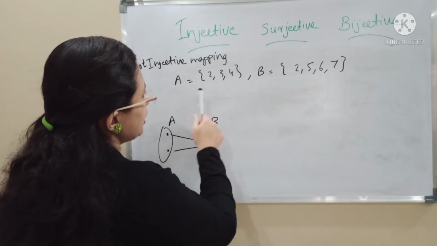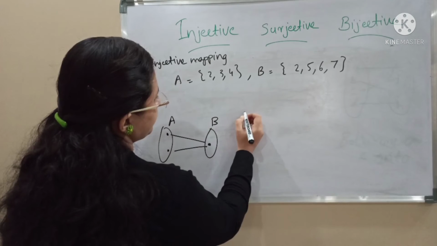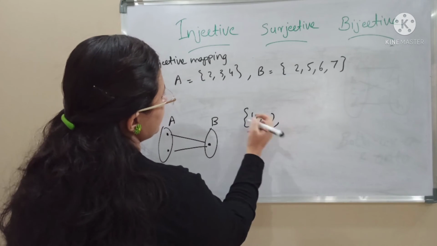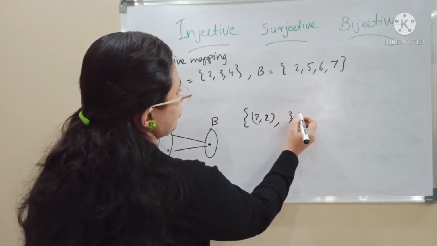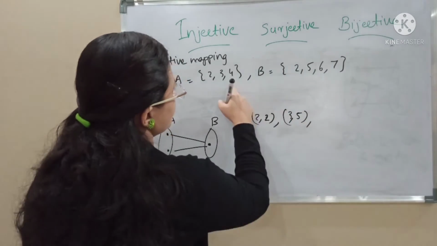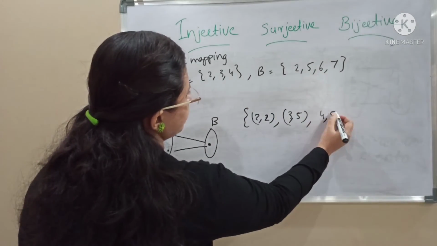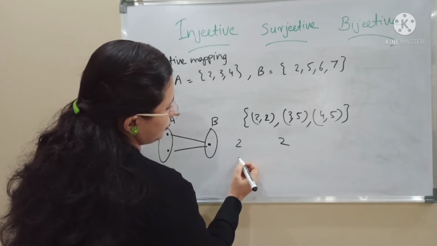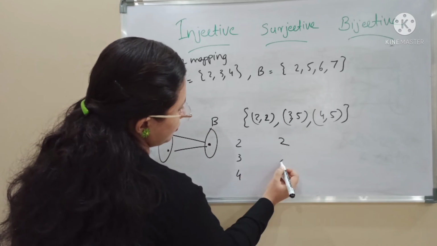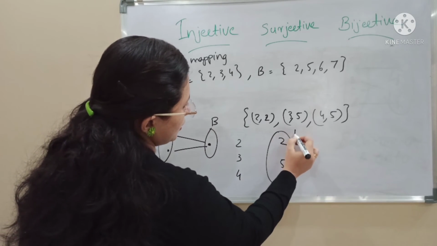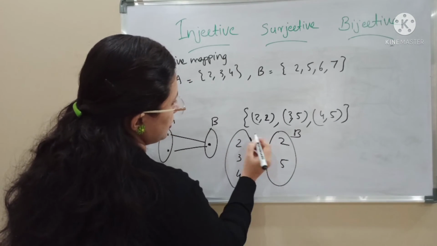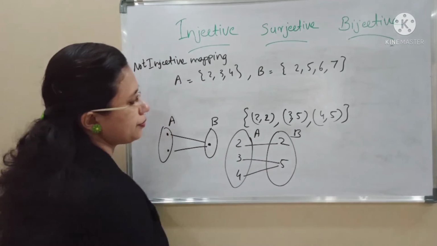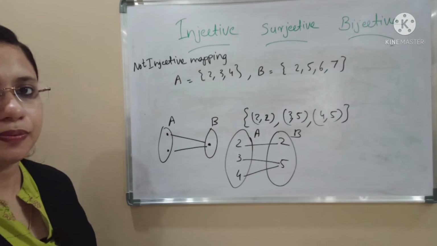So if I take 2 to 2, 3 to 5, 4 to 5. See how it will be. So this is B, this is A. This will be the set.